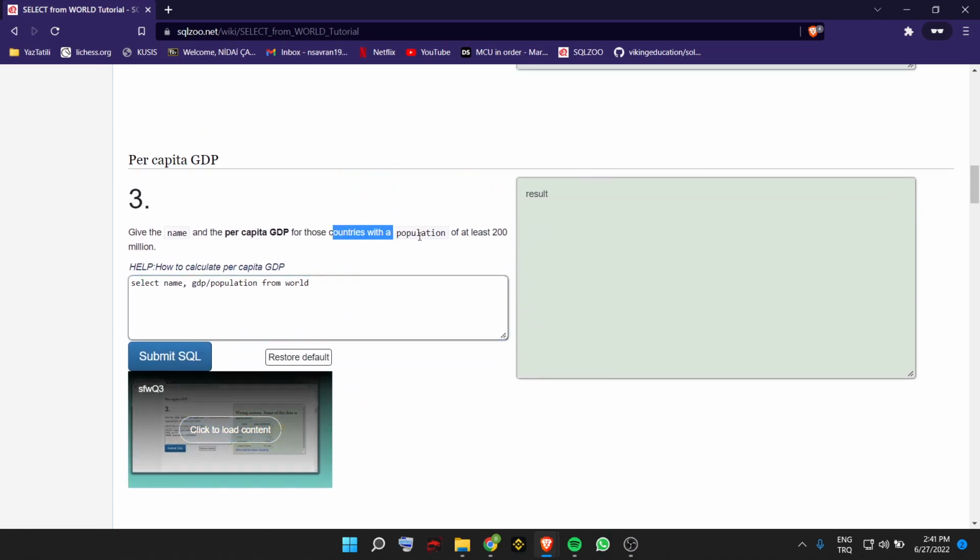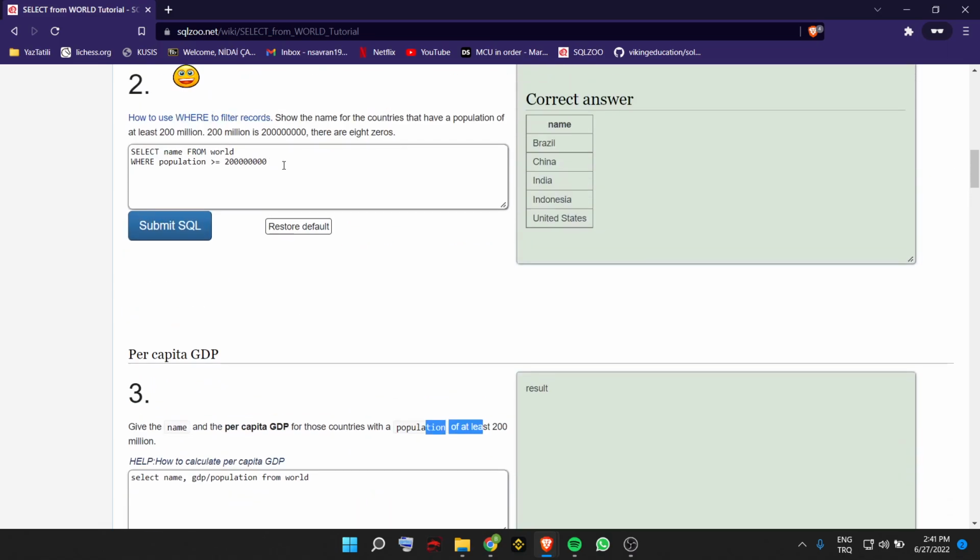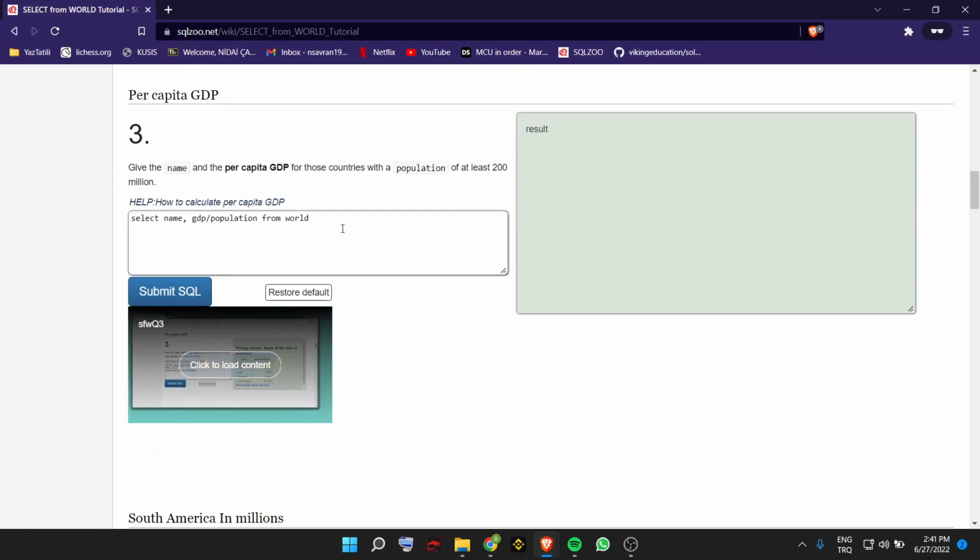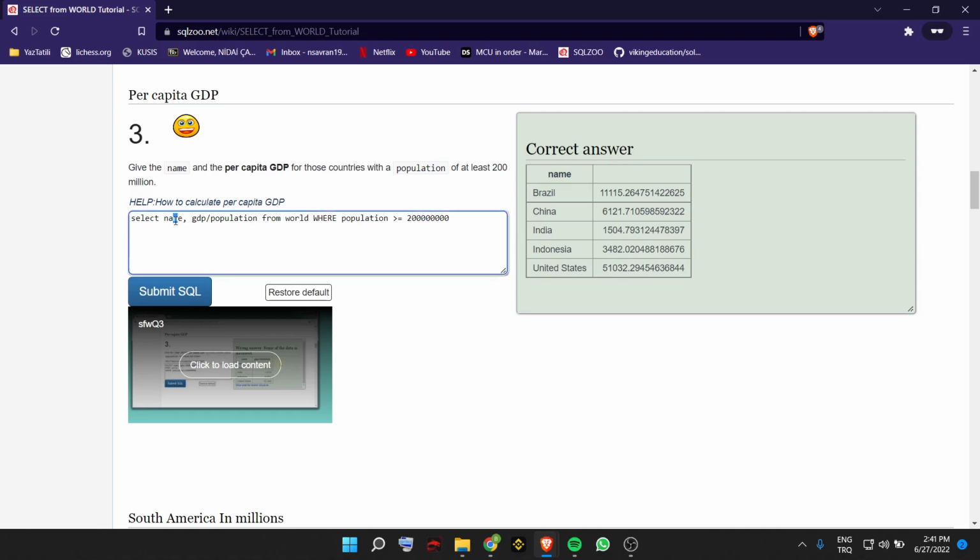For those countries with a population of at least 100 million, let's copy it from here. It gets the name and GDP divided by population. We can write this as, for example, GDP, something like this, I guess, as per capita GDP. Is it something like this?